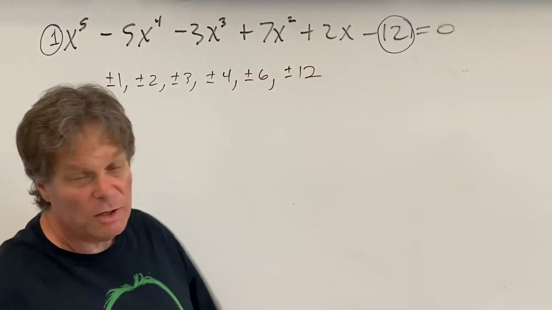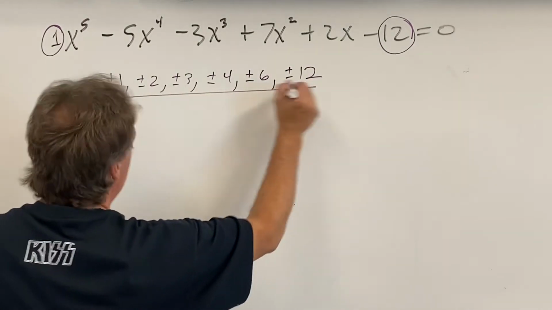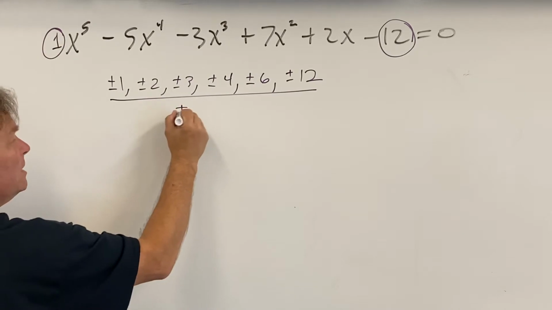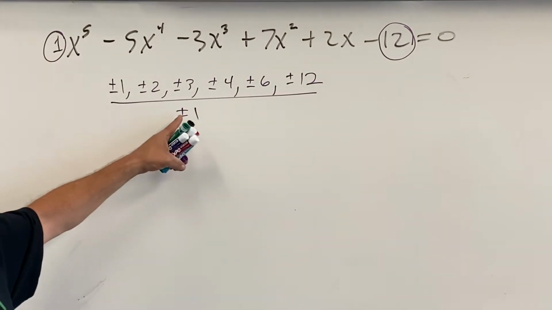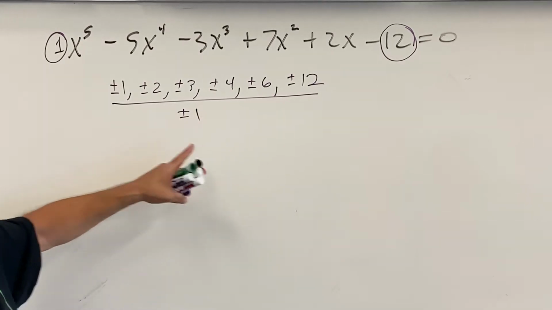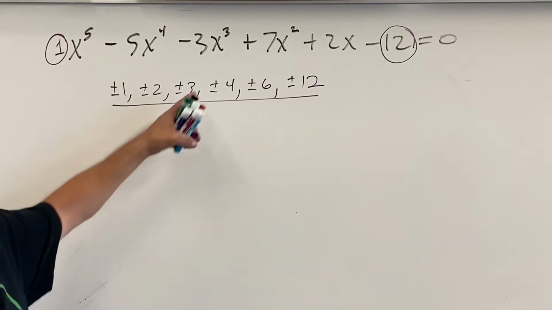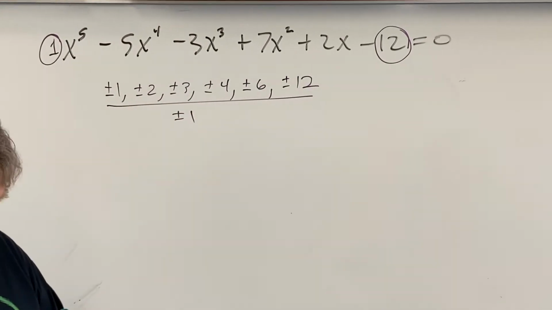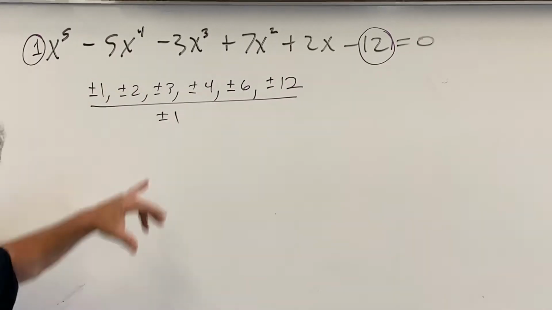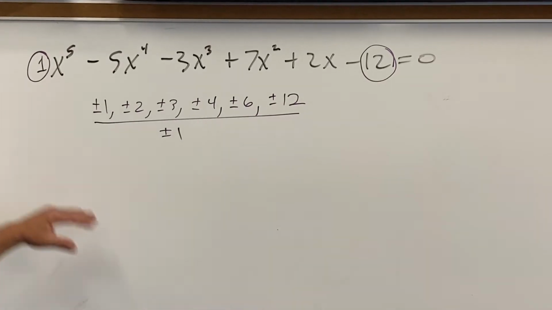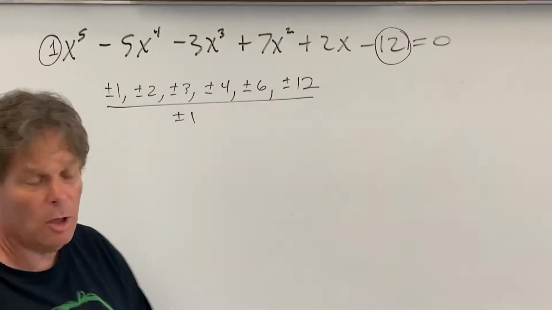Factors of the 12 on top over factors of, in this case, just 1 on the bottom. Now, what if this was a 3? Then I'd have plus or minus 1, and plus or minus 3. Then you make every single possible fraction you can out of these tops and these bottoms. Well, when the bottom is just 1, then these guys just turn out to be all the possibilities.